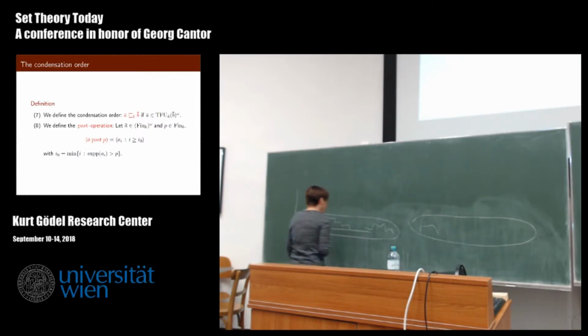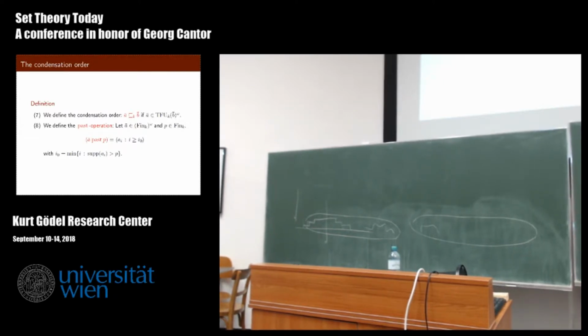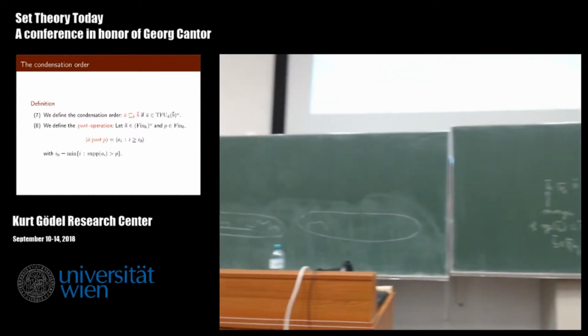Then within each block, we have to decide for one which is preserved in the full height, and for all others we are allowed to lower with as many iterations of the Tetris operation as we want. So this is the condensation order, and the outcome of the condensation is the stronger one.